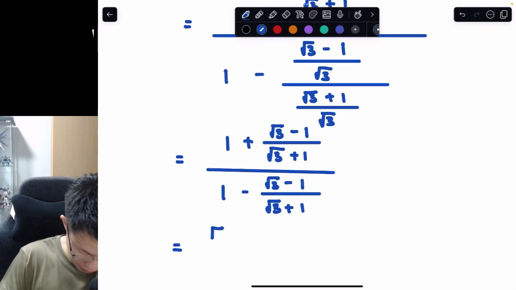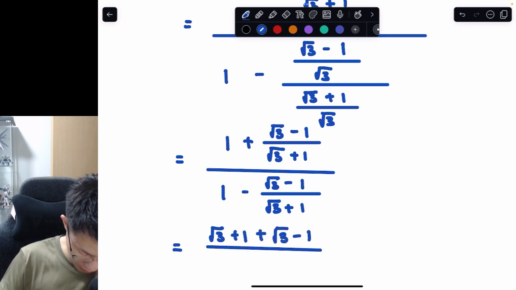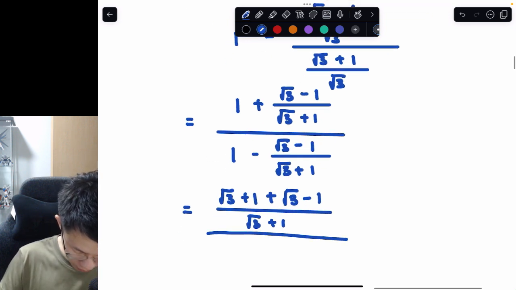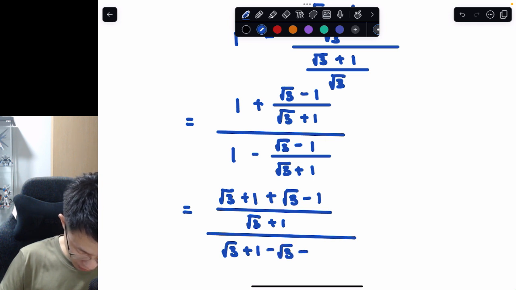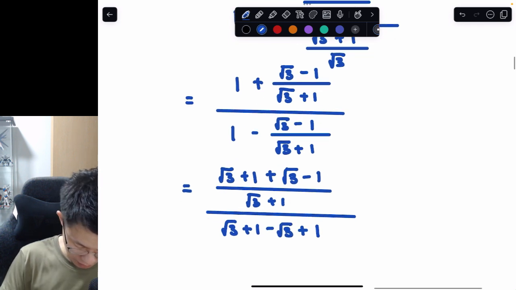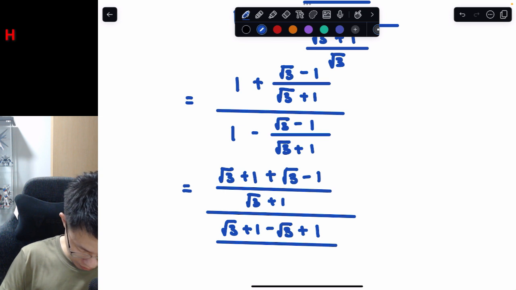The whole thing is divided by square root 3 plus 1 minus square root 3 plus 1. Because there's a minus there, it becomes plus. So we will cancel out the square root 3 plus 1 again.